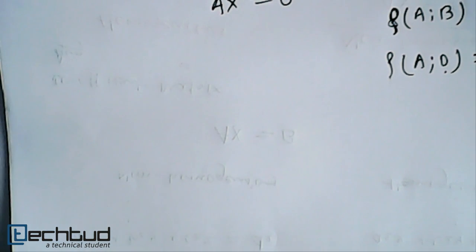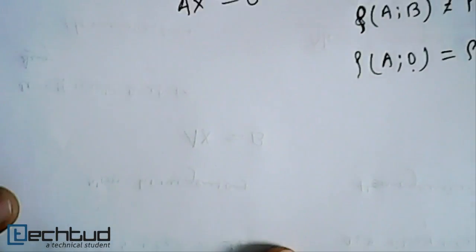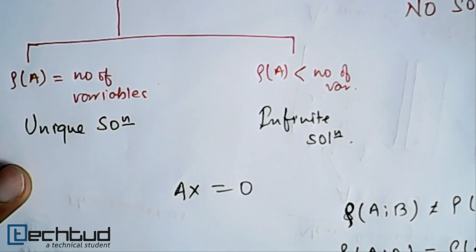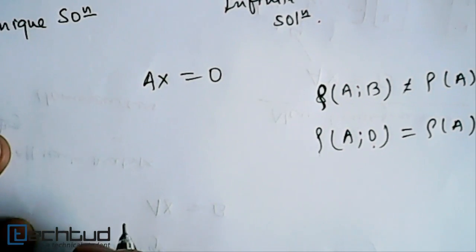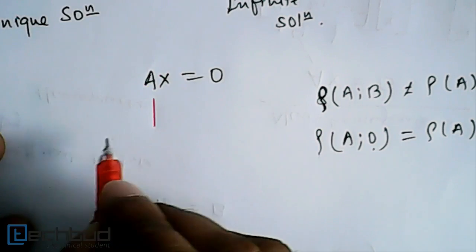Now how do we deal with a homogeneous equation? Very simple. We go and find the determinant. Starting from here, it will always be consistent. Now let's draw the tree structure.